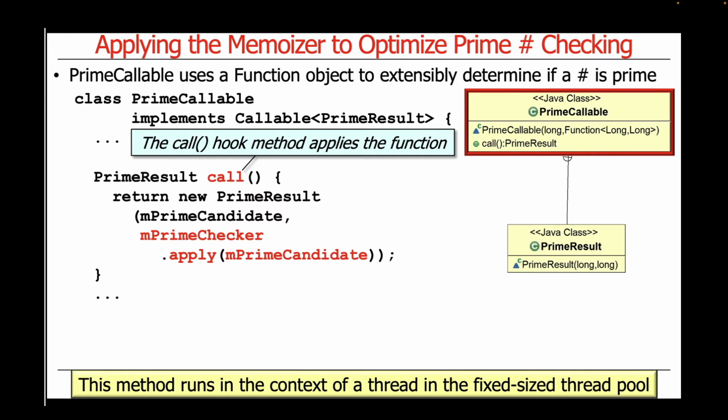This is the hook method that makes a new prime result, where the prime result is going to store the prime candidate. That's the number we're checking for primality. And we're going to apply the function on the PrimeChecker to see if the prime candidate is in fact prime. And this particular call will run in the context of some thread in the fixed size thread pool.